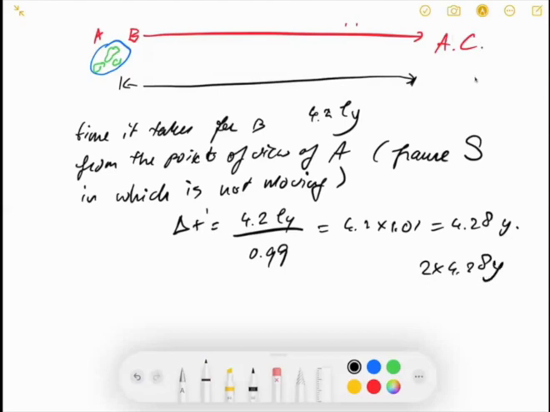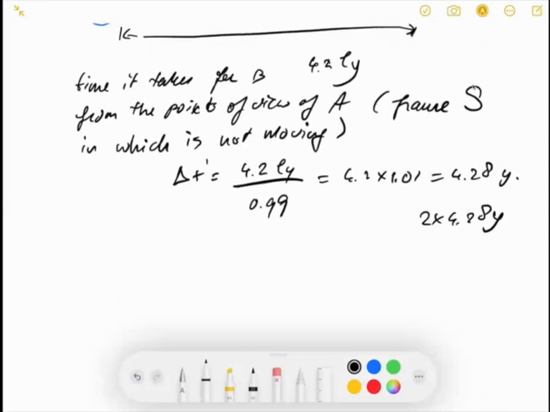Okay. Now that's the time that has passed for this person. Now this is what we call delta t prime, because this is what we have as the delayed time.